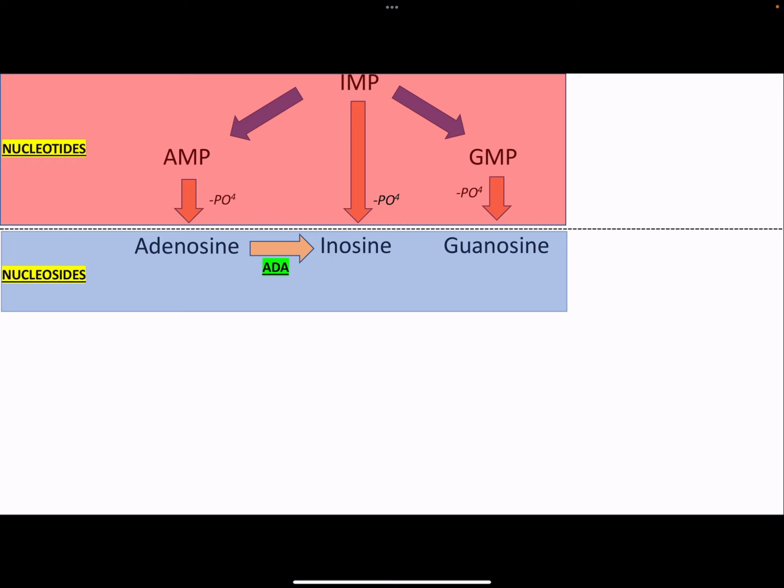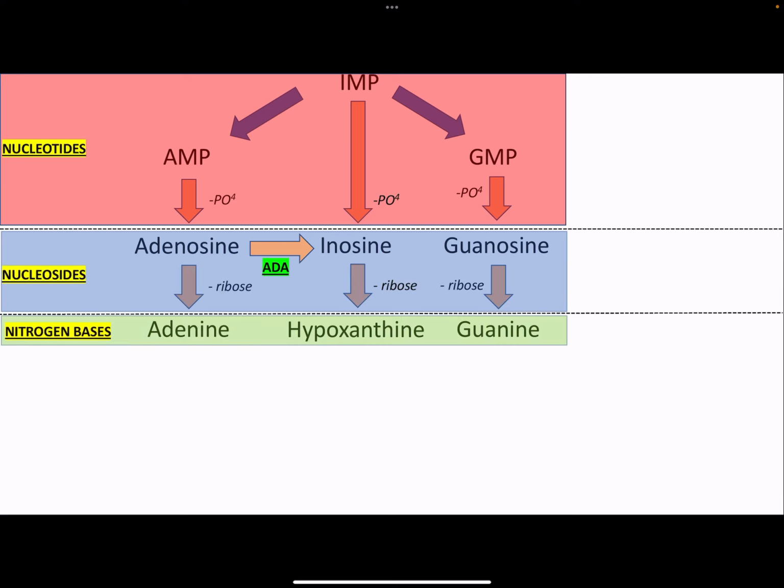Adenosine, and you should know this, and it's going to come up later in more genetic stuff, can be converted to inosine by adenosine deaminase. We can then rip off the ribose sugar, or the deoxyribose, whatever.